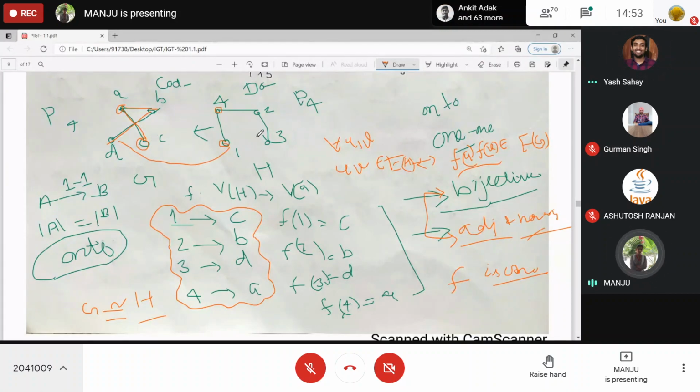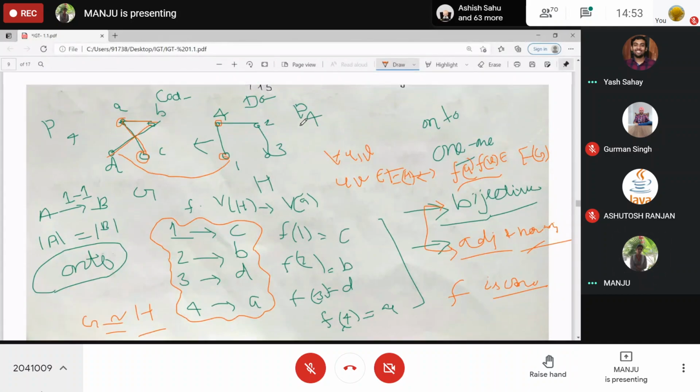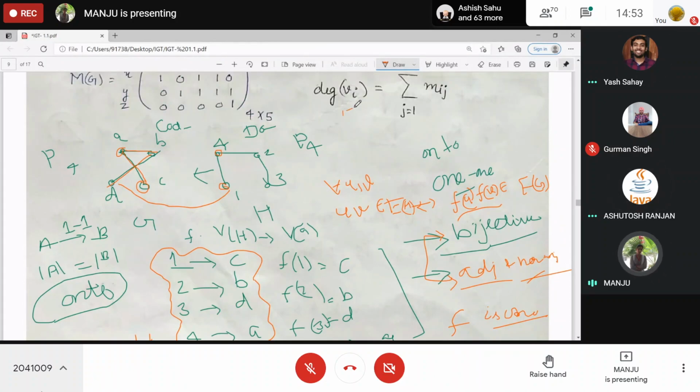One corresponding to D, then three is to C, right? And one to D, B and 4, right? 4 is with B. And 2 is with A. This will become similar, this will become an isomorphism and the graphs are isomorphic, right?